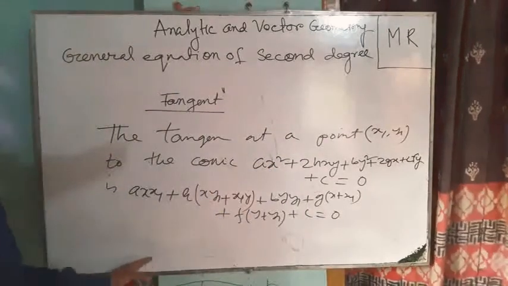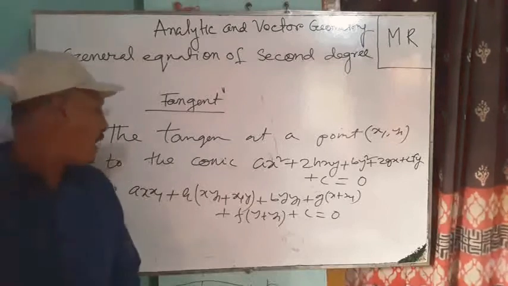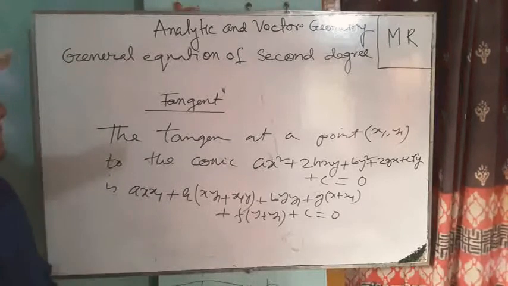This is the tangent equation at a point x1 y1 to the conic.